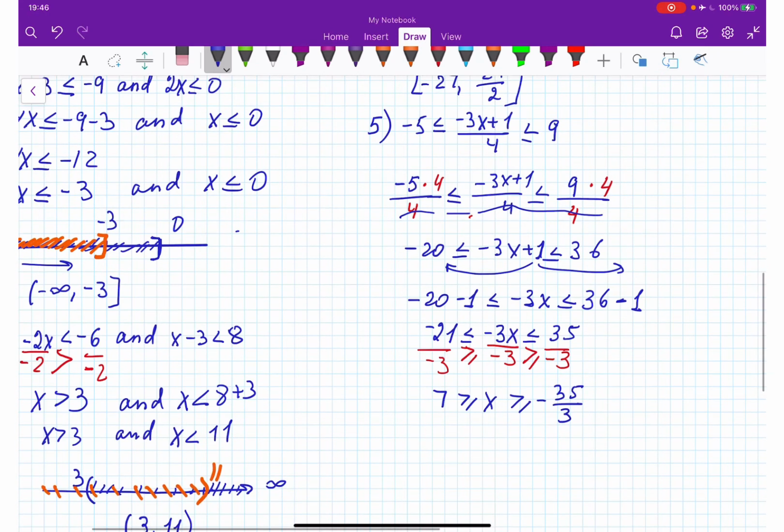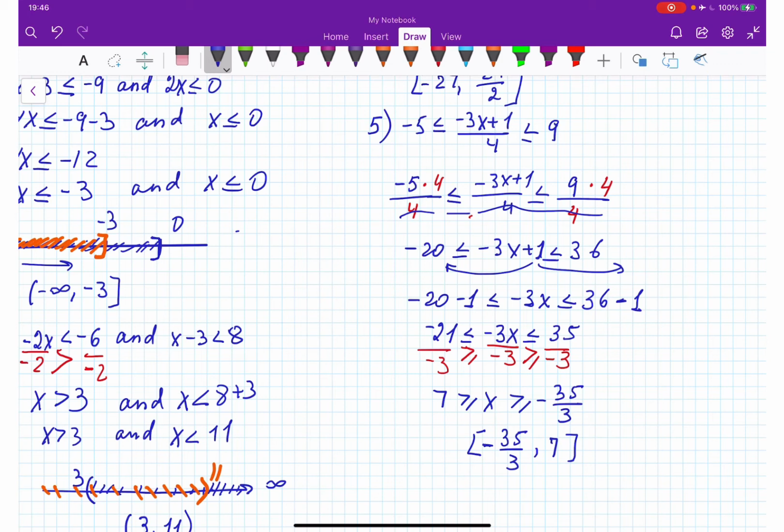All right, so we are getting the interval. Negative 35 over 3, because it's the smallest number, and we put it in square brackets because the equal sign is involved. And the second one is 7. Interval notation from negative 35 over 3 up to 7.